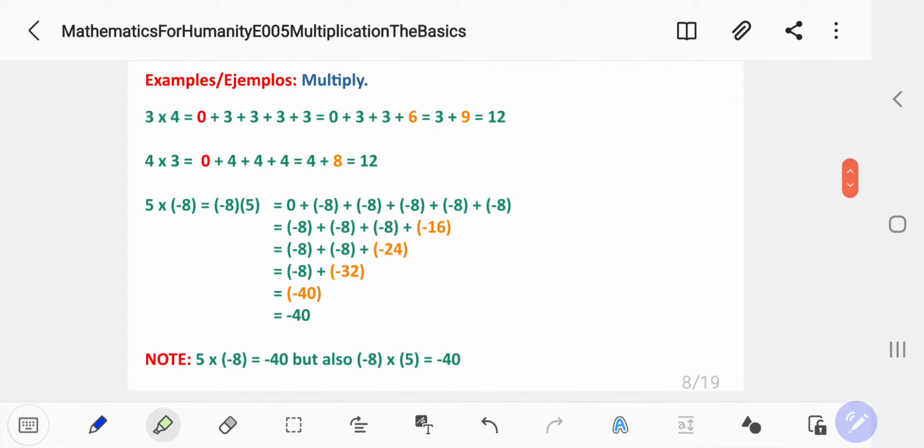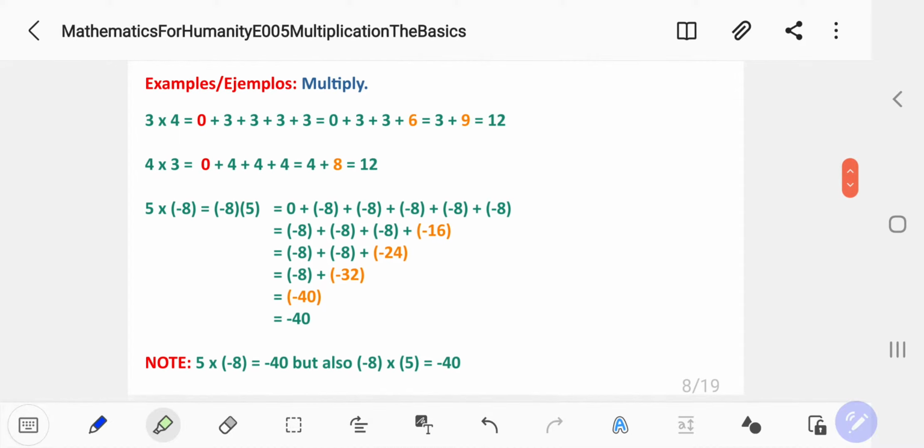Examples, ejemplos. Multiply 3 times 4 here. So you have 0 plus, you have to add 3 four times, 1 2 3 4 times. So that's 0 plus this 3 here. The 3 here is added and it becomes 6 here.